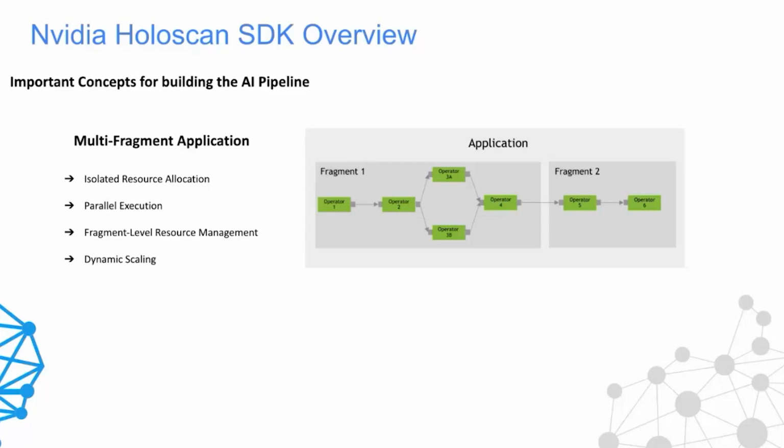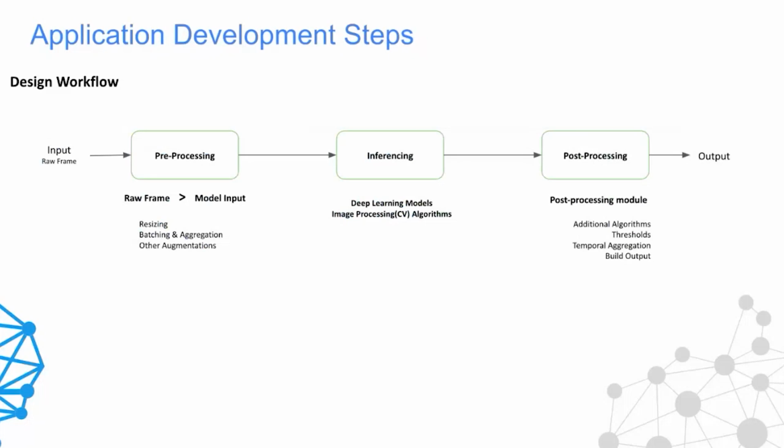This also enables parallel execution of tasks, and you can also have fine-grained control over the resources of the GPU. For example, the pre-processing may require less GPU than the inference fragment. So this kind of configuration and tuning can be performed in a multi-fragment application.